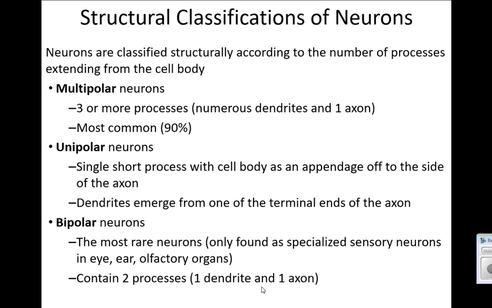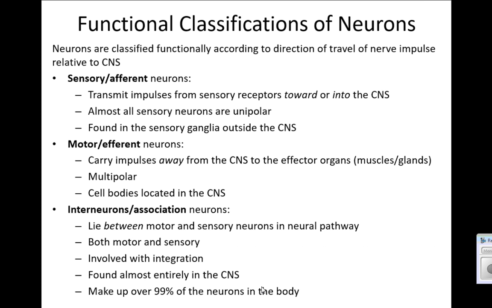Now, down below these, I've listed their functional classification, which describes the direction in which they send signals. This is how we had the neurons listed back when we described the functions of the nervous system.